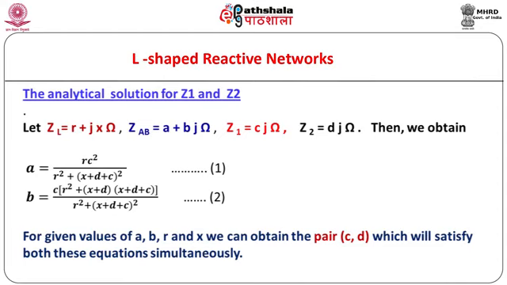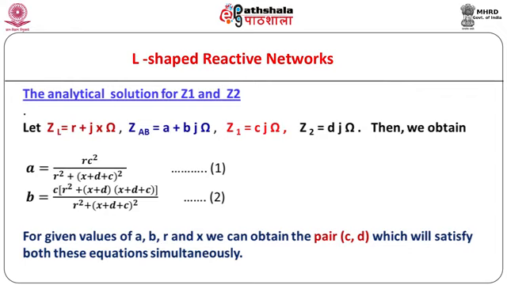Let ZL be equal to R plus jX, ZAB equal to A plus Bj, and Z1 equal to Cj and Z2 equal to Dj ohm. Then we can derive the following relations between A, B, C, D, R and X as shown.